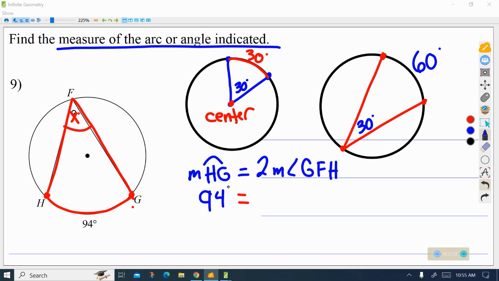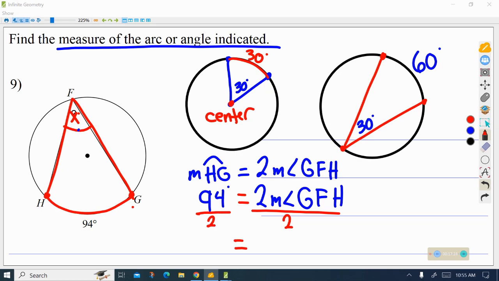What was happening is that when I do double the measure of GFH, I'm trying to find the measure of this angle, GFH. So I don't want double the measure of GFH, I just want GFH. That means I have to divide both sides by 2.